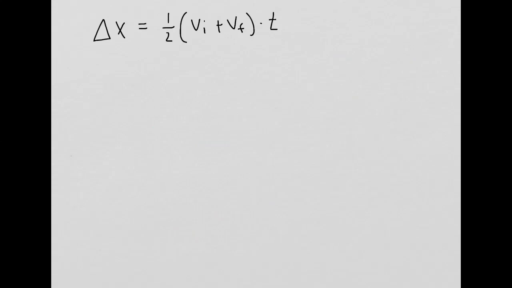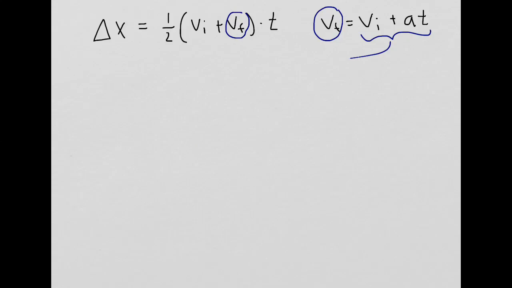And we know that vf equals vi plus acceleration times time. Okay, so what I can do is I know that vf equals all of this, and I have vf here.